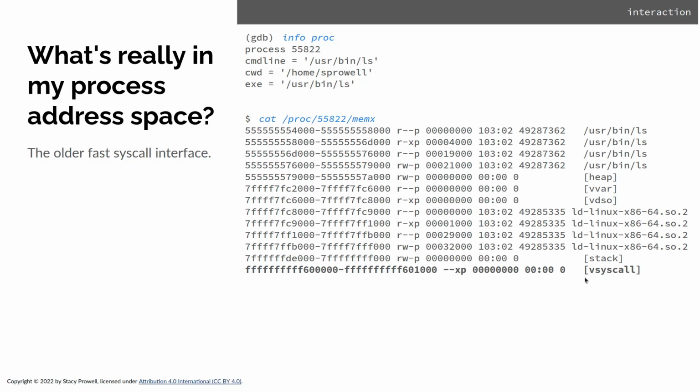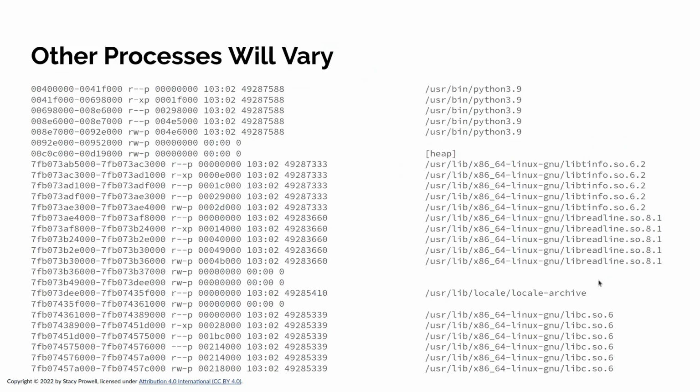This is an older version of this. vsyscall is a space for fast system calls. It's not readable or writable. It's kind of weird, but it is executable. It provides a fast system call interface, the older version of the fast system call interfaces.